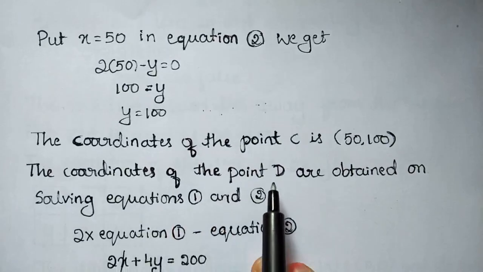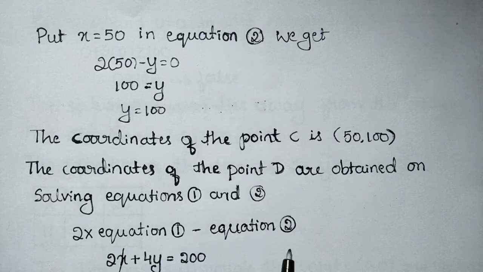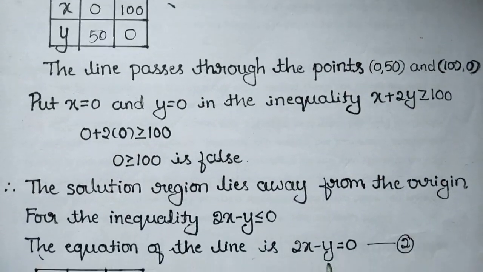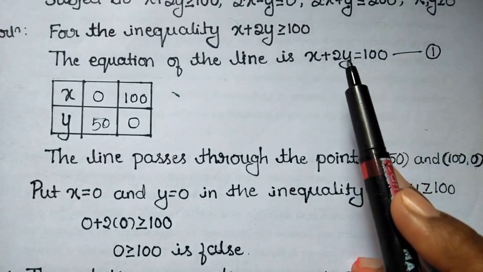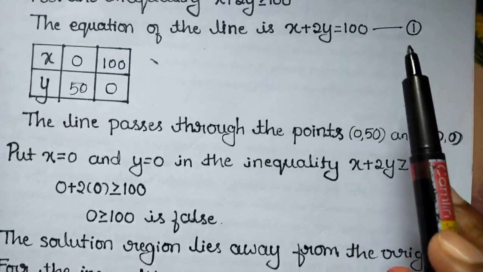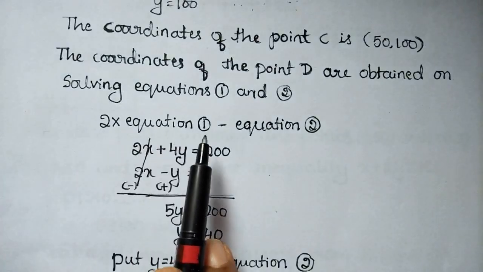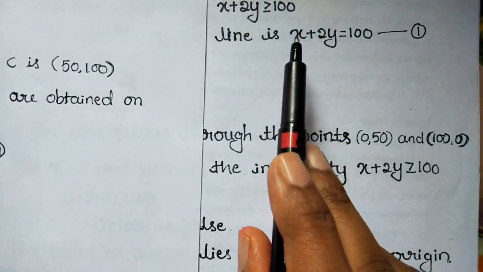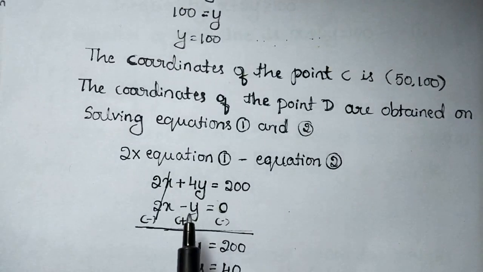Now to find the coordinates of point D, we solve equation 1 and equation 2. Observe here, this is equation 2 and here is equation 1. The coefficients of x and y are not equal. Now to solve this, I'll multiply equation 1 by 2 and subtract equation 2 from the resultant equation. 2 into equation 1 minus equation 2 gives us, multiply 2 to equation 1, it will be 2x plus 4y is equal to 200 and equation 2 is here.